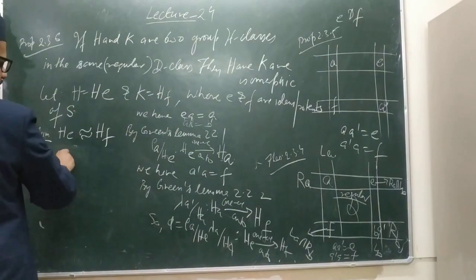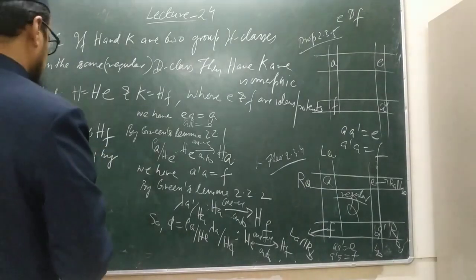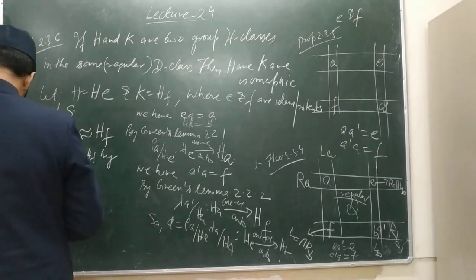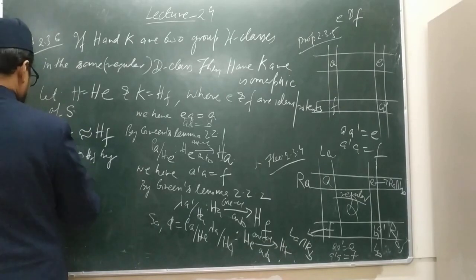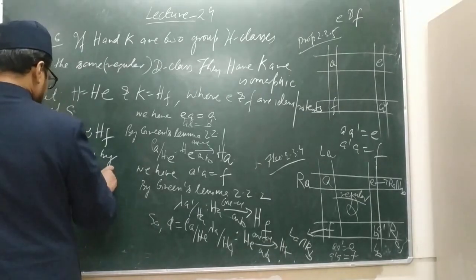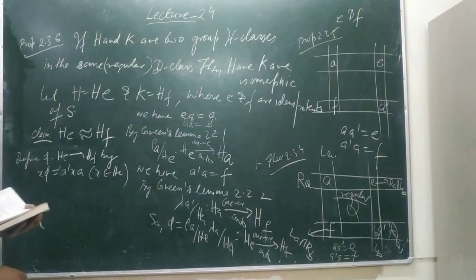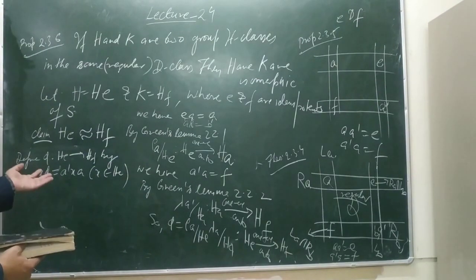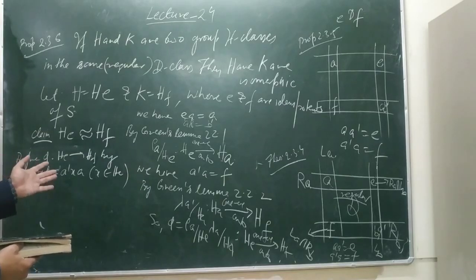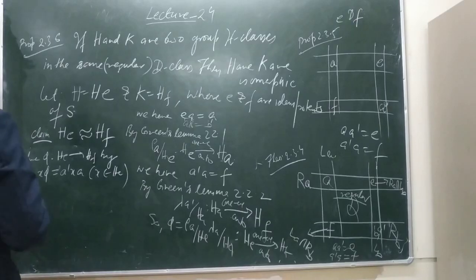Define phi from HE to HF by x phi is equal to A dash XA, where x belongs to HE. Of course the map is well defined, because if x is equal to y, then A dash XA is equal to A dash YA. So the map is trivially well defined, and there is no need to verify that. Now we have to show that this map is a homomorphism.